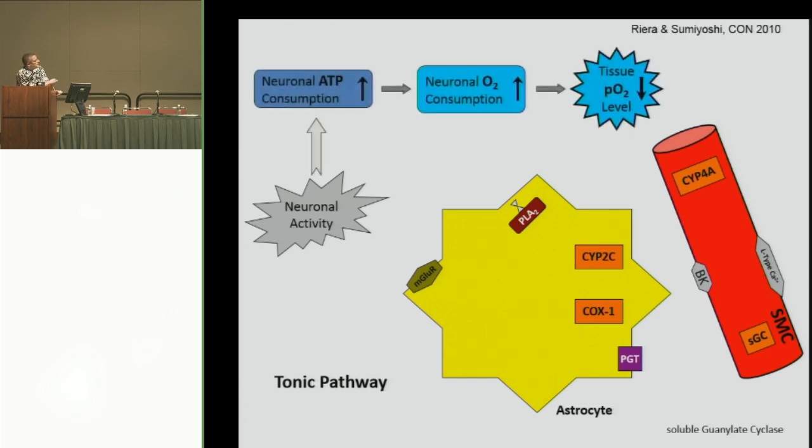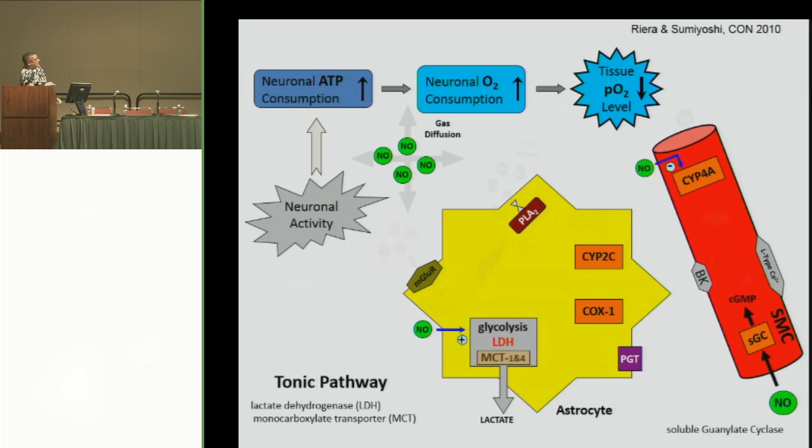Whenever you have neural activity, you have consumption of ATP, therefore consumption of oxygen. There's a decrease in tissue pressure of oxygen, and then you have neurotransmitter release. One of the most important is glutamate. So first you have nitric oxide, as we mentioned, a nitric oxide pathway from the neuron.